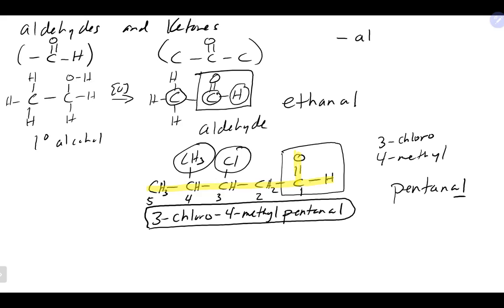And same thing, if you were to have to draw it, you would just work your way backwards with the name. So if you were going to draw one of these aldehydes, let's take a look at one here. We'll do 3-bromohexanal.